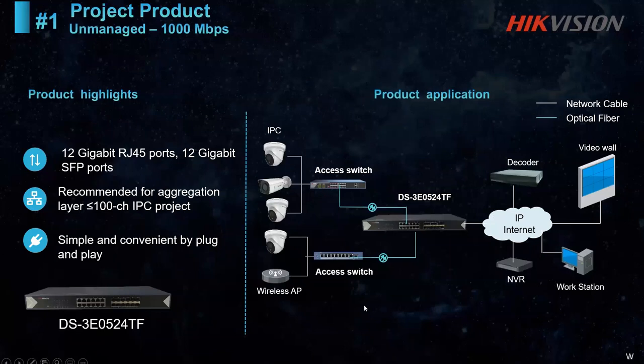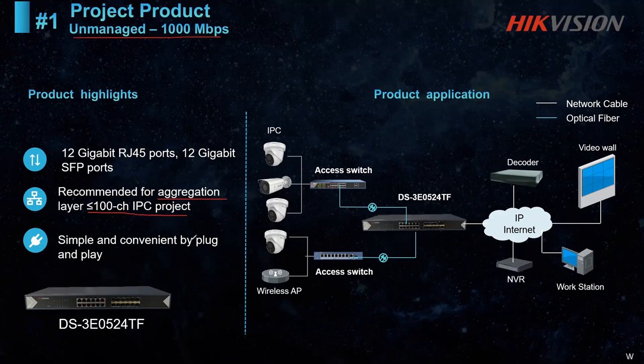Okay. Here we can see the unmanaged 1000 Mbps switches in the project product lineup, and these switches are recommended for use in the aggregation layer of projects that use fewer than 100 IP cameras. This switch is really easy to use, so you can just plug and play.